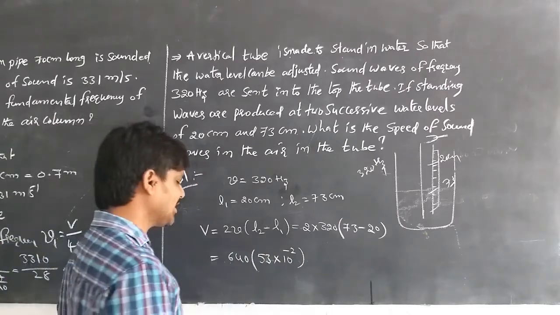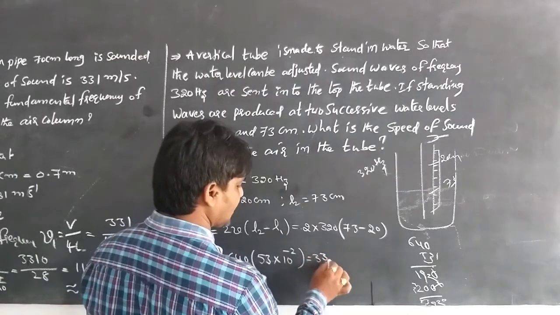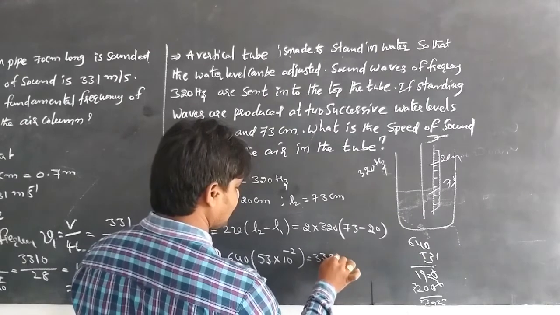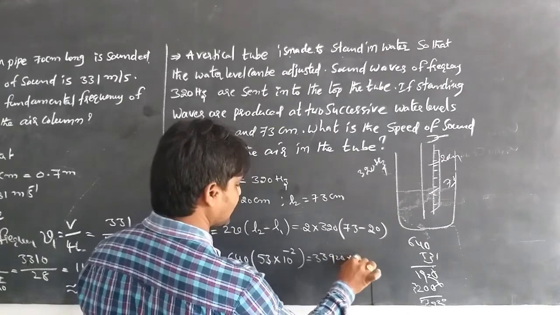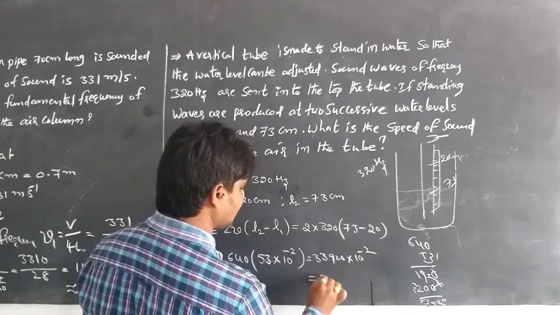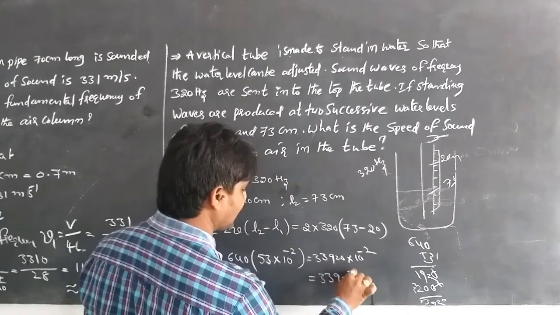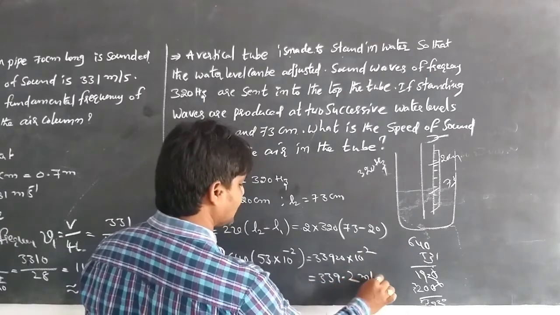Then by the calculation, 640 into 53 gives 33,920, into 10 to the power of minus 2, which means 339.2 meter per second.